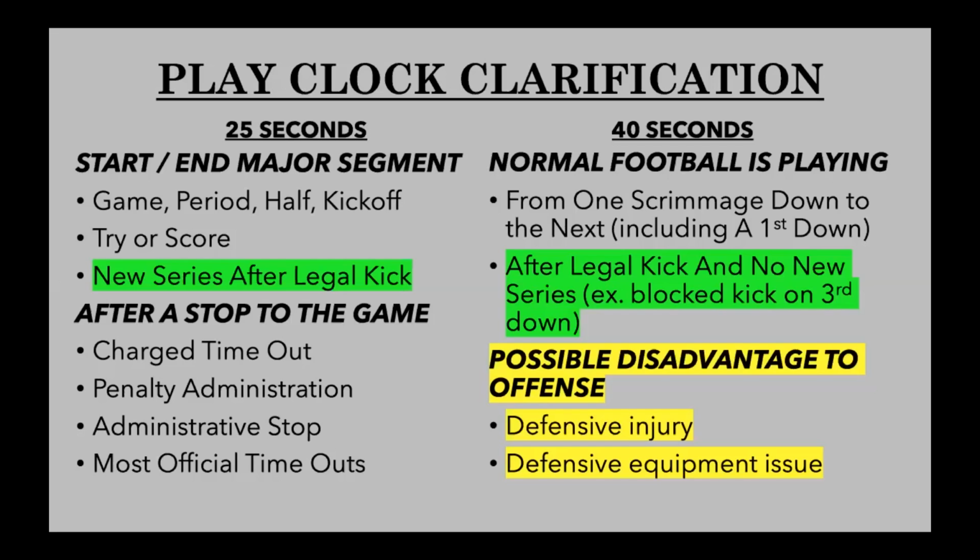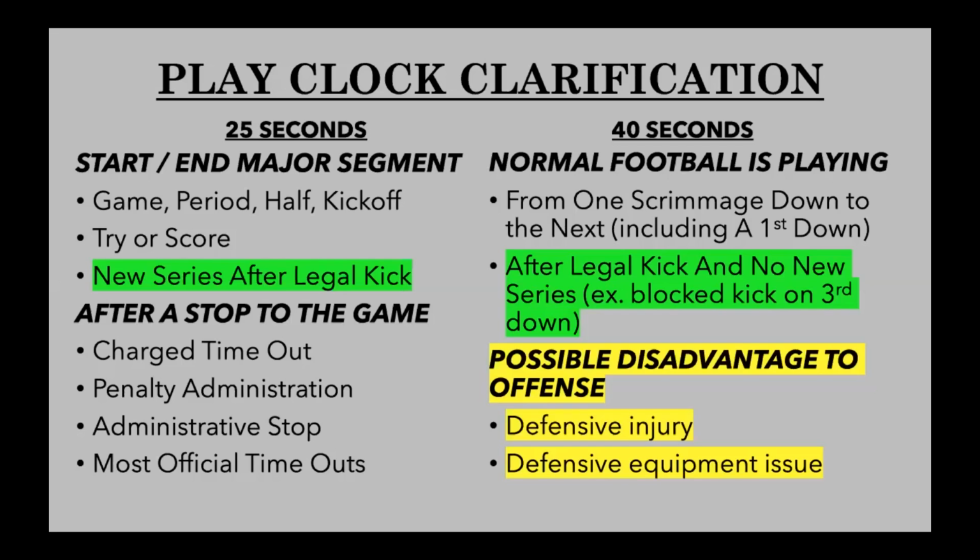However, on the last play, a defensive player's helmet came off, or now maybe a defensive player's injured. Well, last year, we would have taken the official's timeout, taken care of that player, and then set the play clock to 25 seconds. Well, what that did, however, is take away a lot of time that Team A could have used to its advantage in running the clock down.